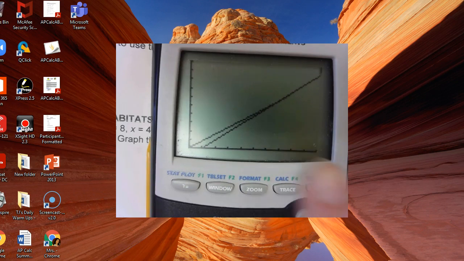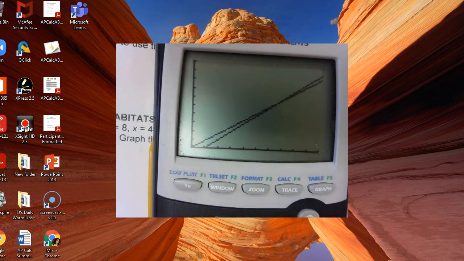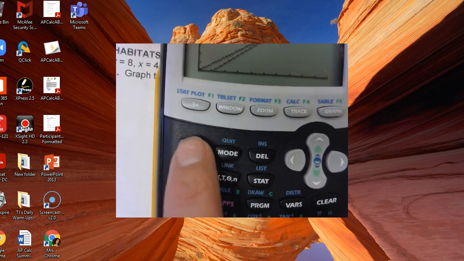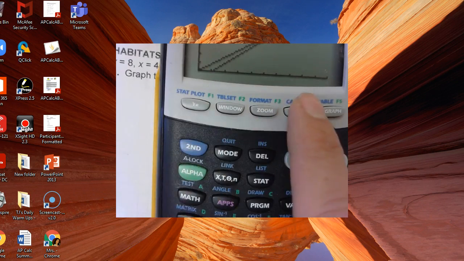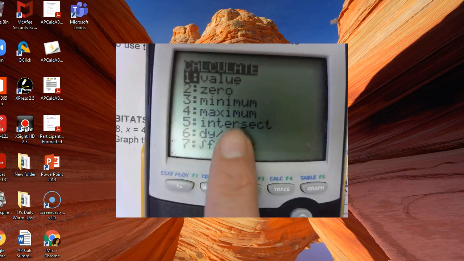So now, do you see 2 lines intersecting? What you're going to do is hit the word second, go to trace. What word is an option?